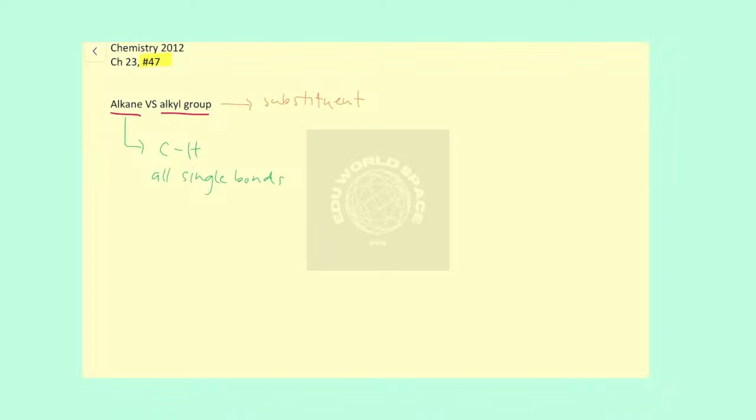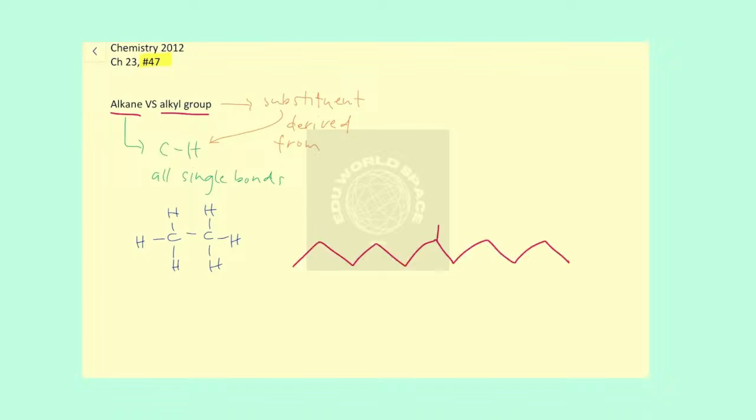If this ethane would be connected to a larger molecule, say we have this very large molecule right here, and here we connect our ethane, once that ethane is connected to a larger molecule, we don't call it ethane anymore.